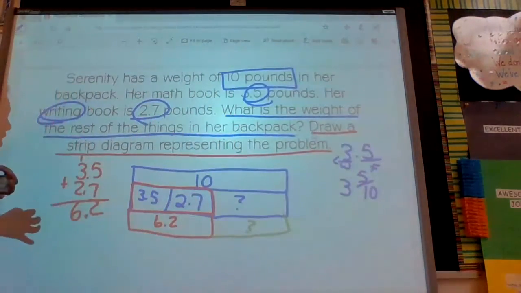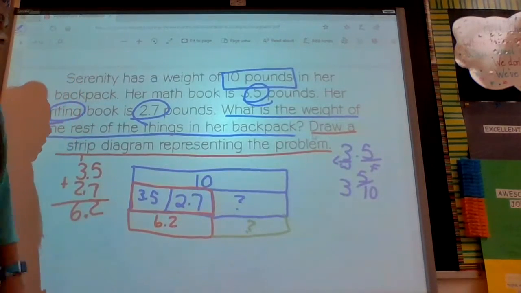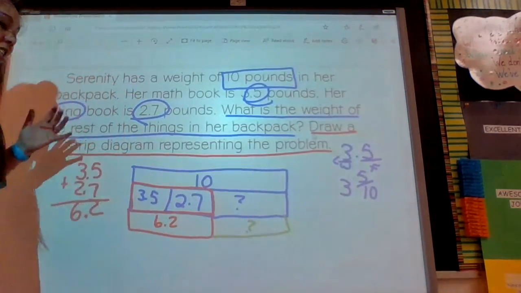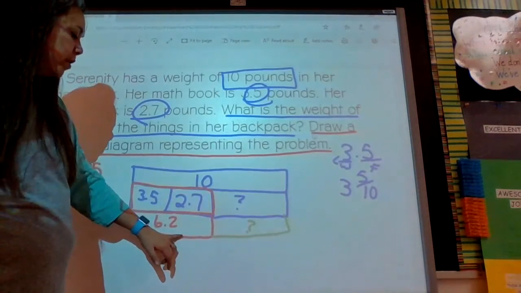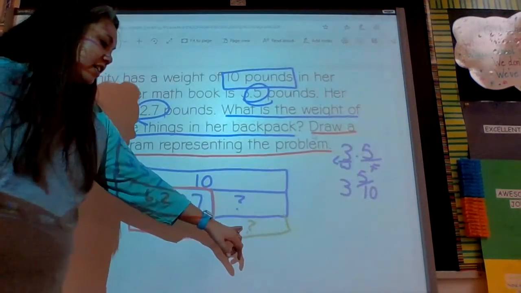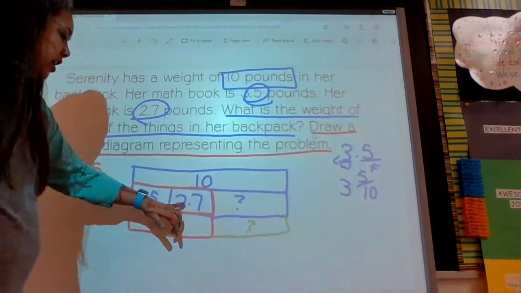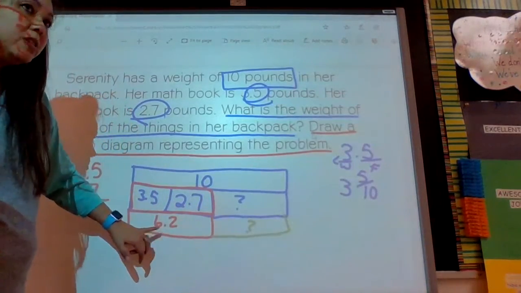But remember, this is where they like to trick you, when we're dealing with decimals and whole numbers. Remember, the whole is going to be your biggest number, okay? It's the total. So if I know the whole, I'm going to subtract or divide to get this smaller piece. Well, I know that these are not equal parts because I can look and see. So then I must be subtracting.